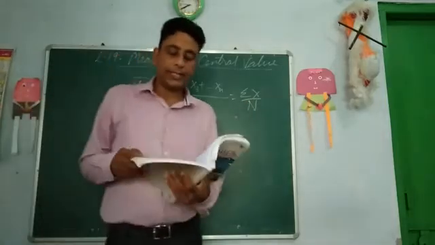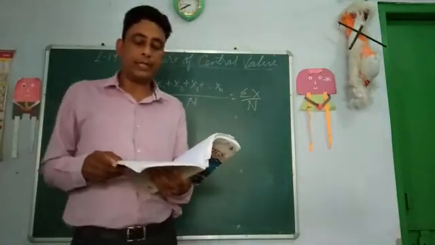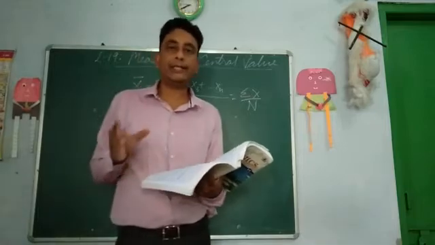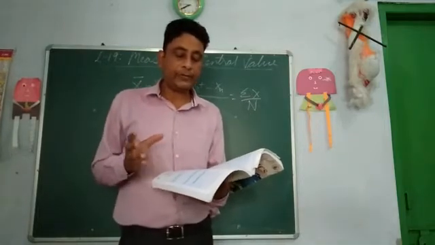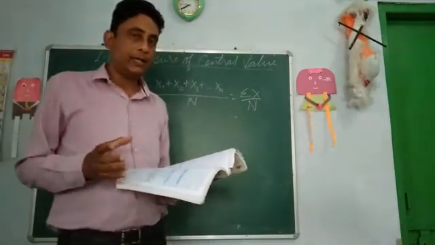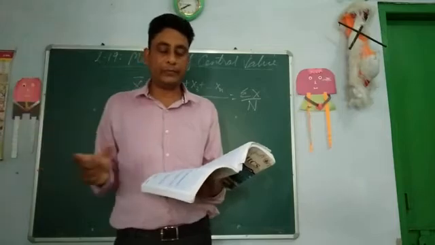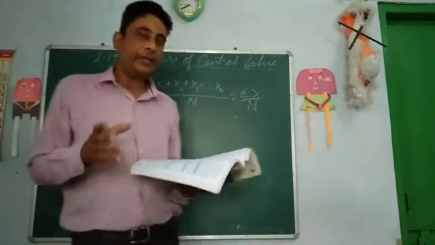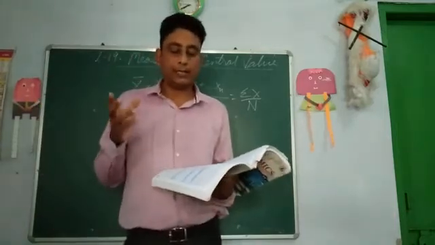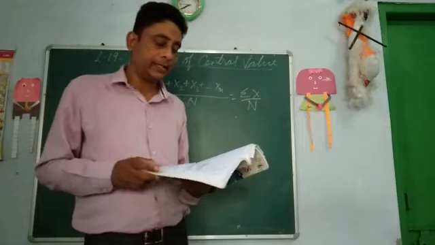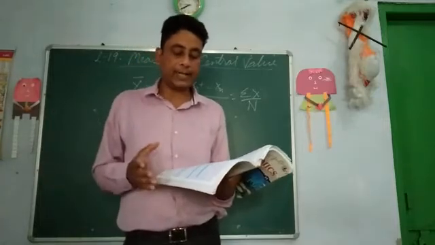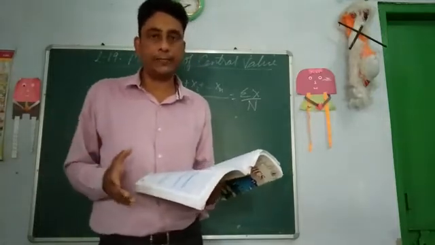So in this we will see the calculation of arithmetic mean in individual series, where numbers are given individually. First is the direct method and second is the shortcut method.